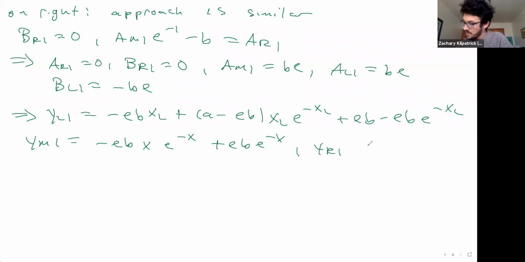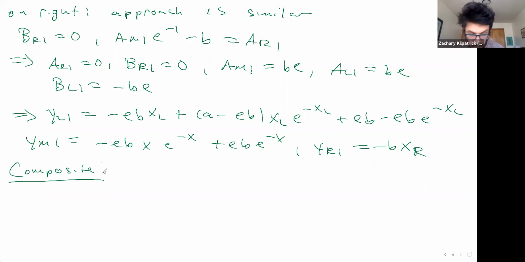And y_R1 is equal to minus B x_R. Okay. So we can create our composite expansion, okay?